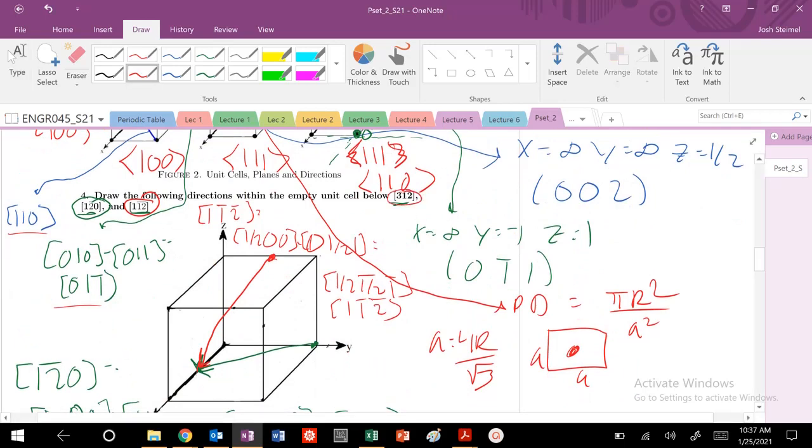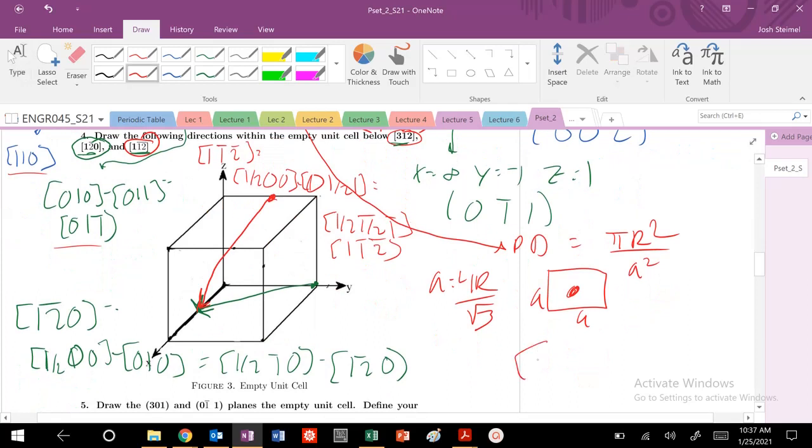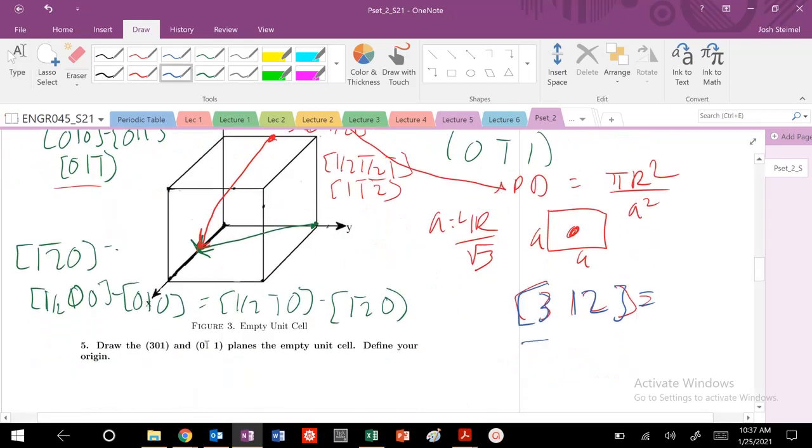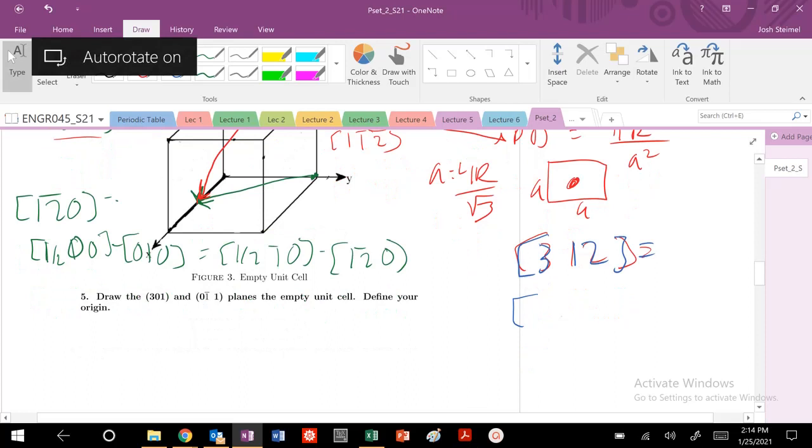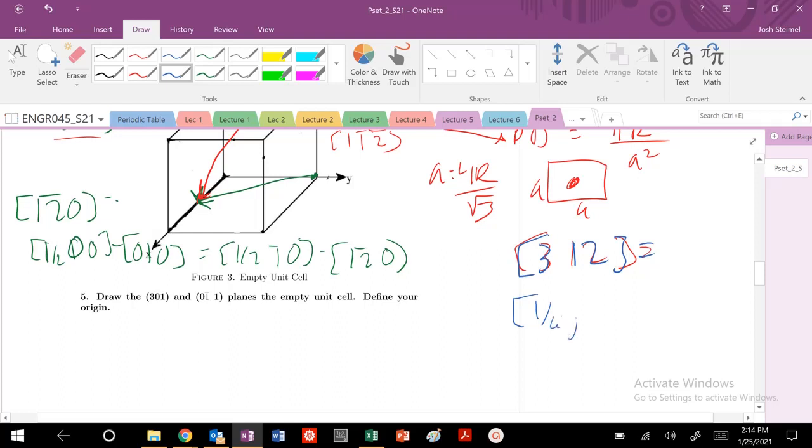And then finally, let's see if we can get this guy. This one's a little bit more complicated, so let's do 3, 1, 2. Let me change my colors here just a little bit. 3, 1, 2. Let's figure that out. I'm going to need this to be this direction. We're going to have the following intercepts: 1/2, 1/6, and then 1/3.